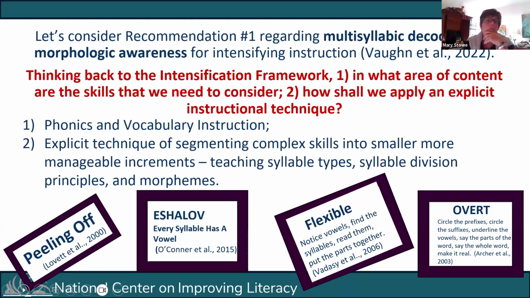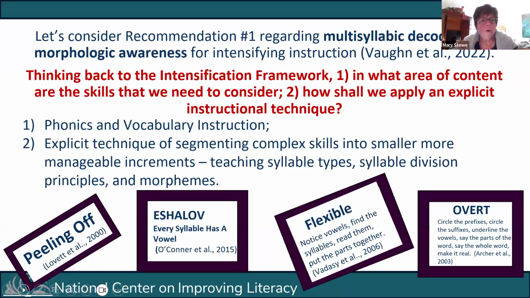We're going to think about explicit techniques of segmenting complex skills into smaller, more manageable increments, such as teaching syllable types, teaching syllable division principles, but then moving to morphemes. Across the bottom, I put several research bases in regard to syllable division principles.